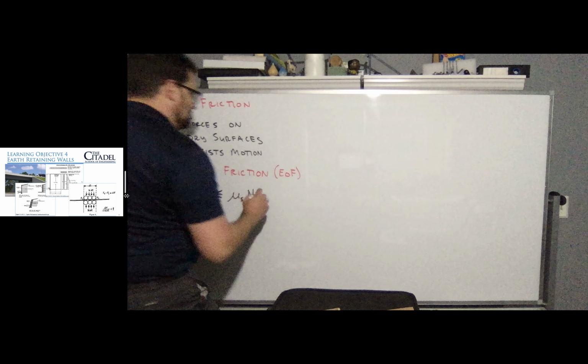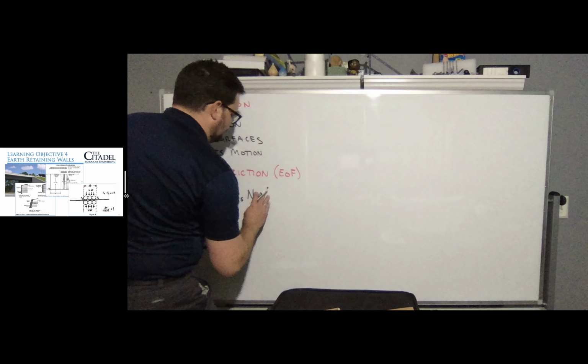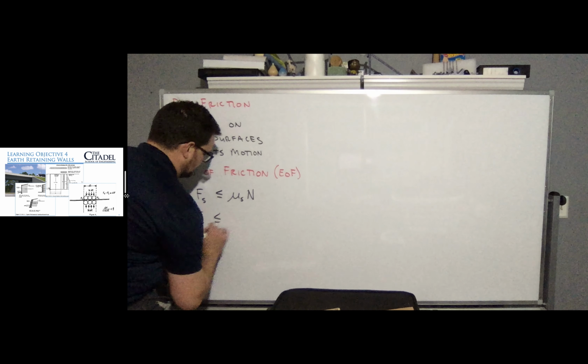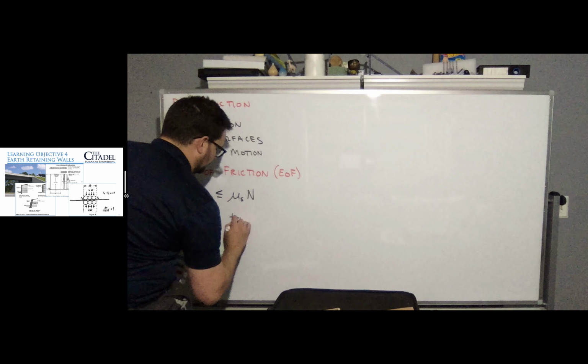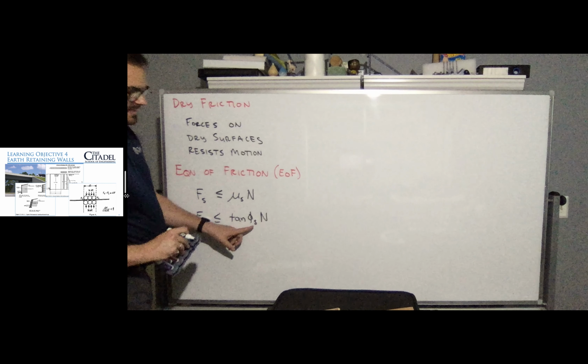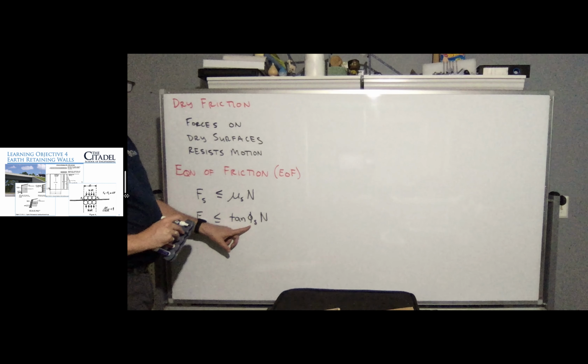The other thing we can note about this, and we'll actually prove this in the problem that we work on in the Zoom meeting, is that we can also talk about the friction equation this way, where this is phi sub s, the static friction angle.